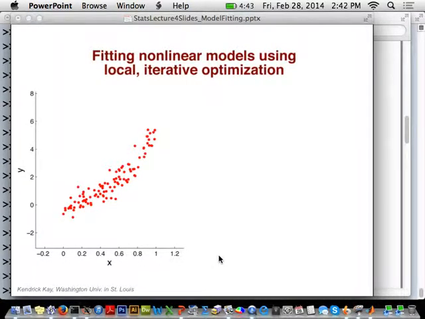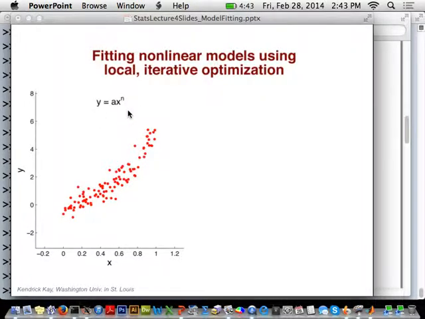In this example, we again have a one-dimensional case just because it's easy to look at. We have x and y, and independently measured subjects, say, and there's a very close relationship between x and y, but it's not perfectly linear. You can see this by eye. We could fit a line to it, but now we're dealing with nonlinear models, so suppose we think this is a good model of the data.